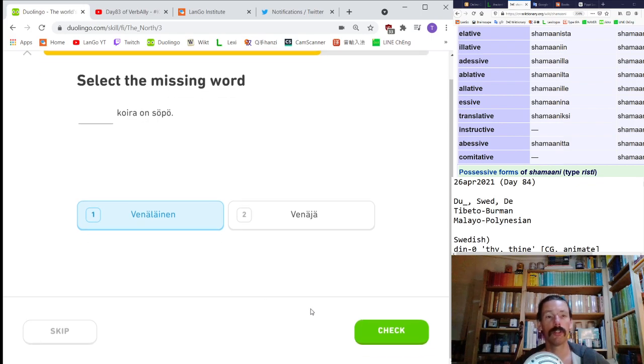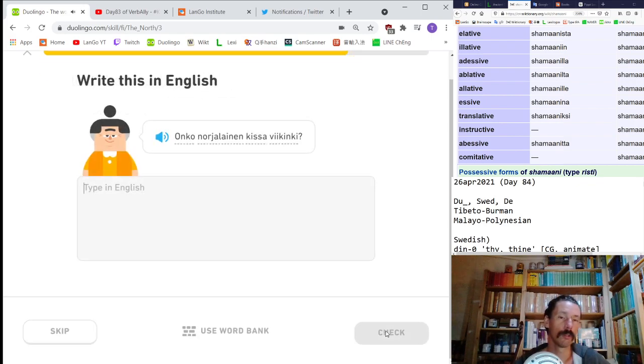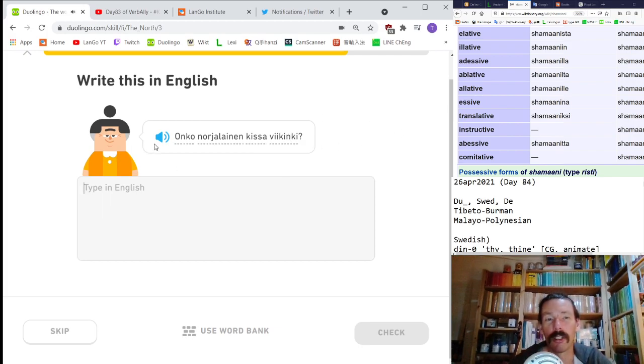Koira, the Russian dog, is cute. Onko norjalainen kissa viikinki? And it sounds like this N is not velar. Viikinki. It might still be alveolar. But take it with a grain of salt. It's computer generated.